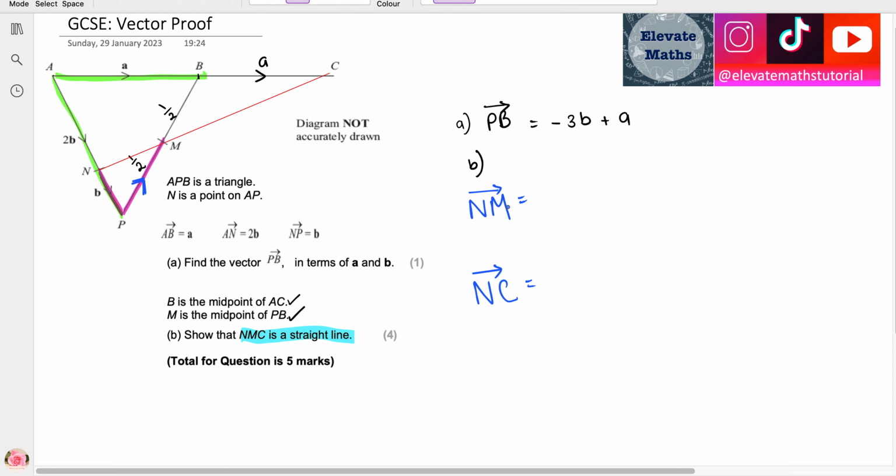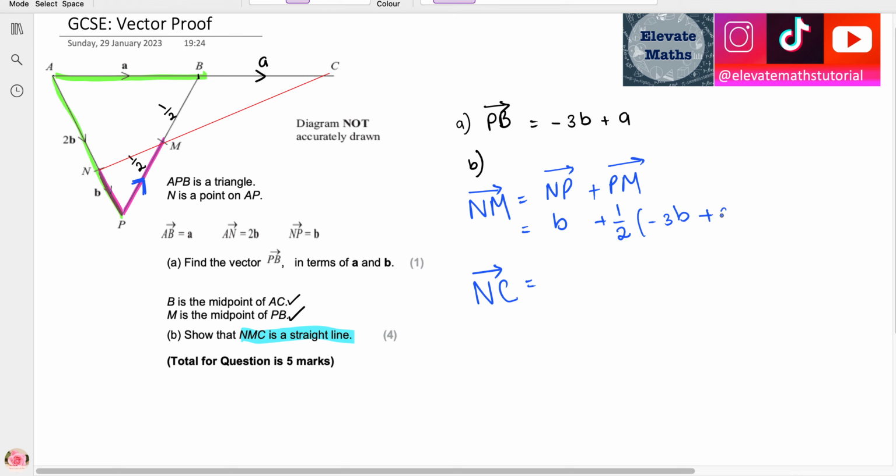So N to M is going to be vector NP plus PM. Okay, that's going to be NP is B and PM is half of PB. Okay, and that's the vector we previously calculated.